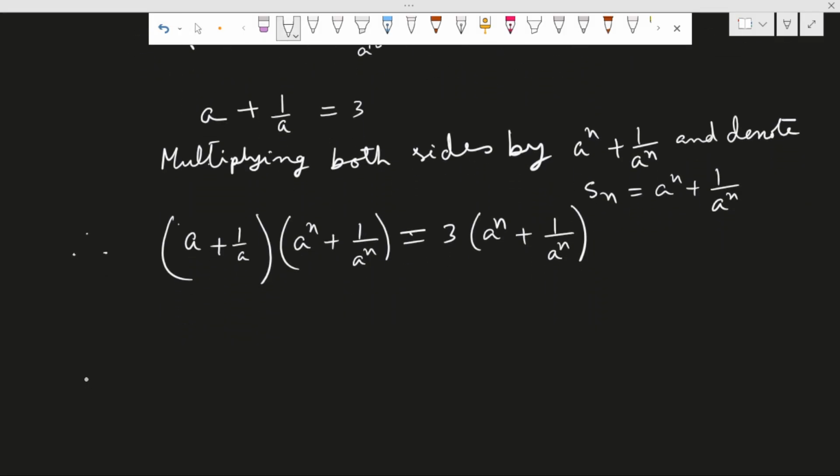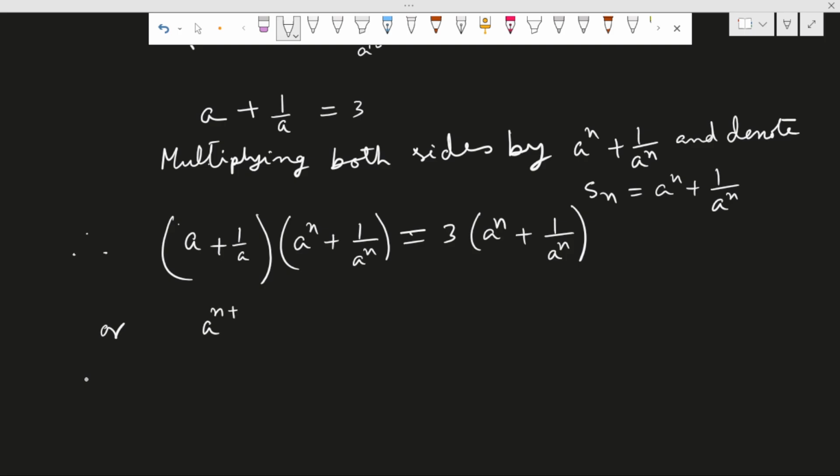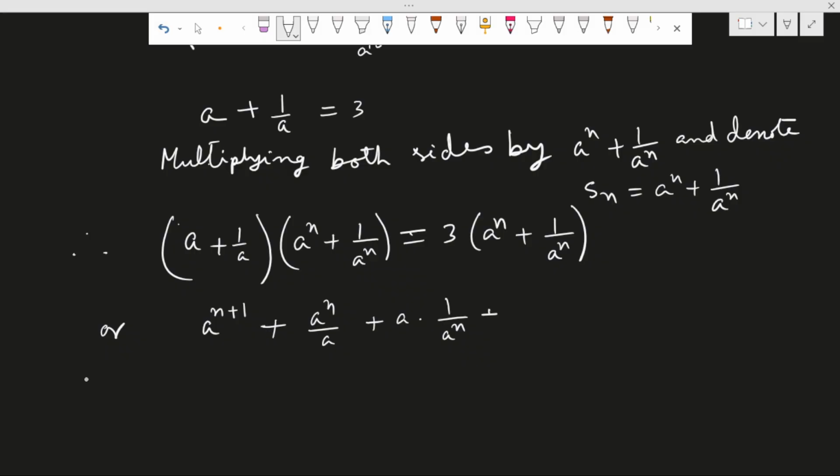Now multiplying the left hand side, a to the power n plus 1, whenever we multiply a by a to the power n, plus 1 by a multiplied by a to the power n, that is a to the power n by a, plus a into 1 by a to the power n, plus 1 by a into 1 by a to the power n plus 1.